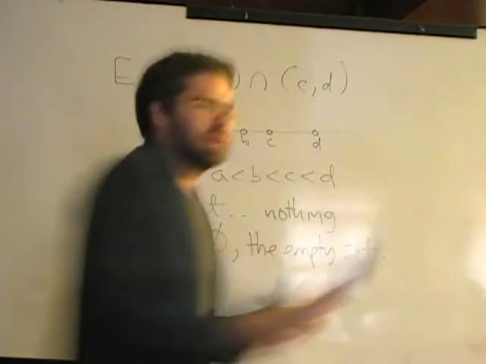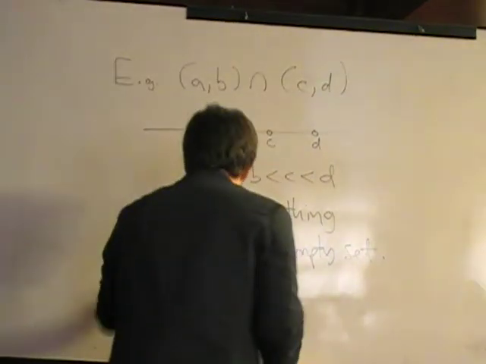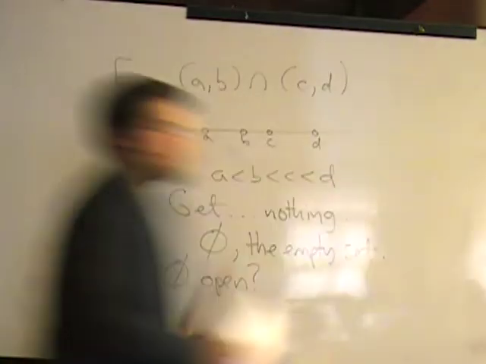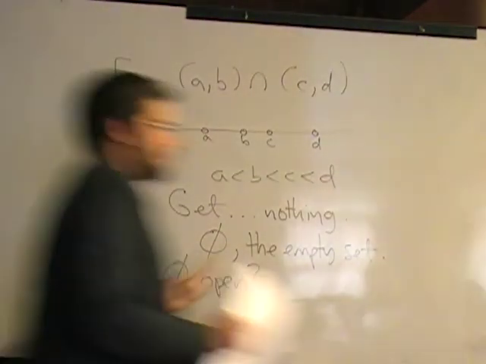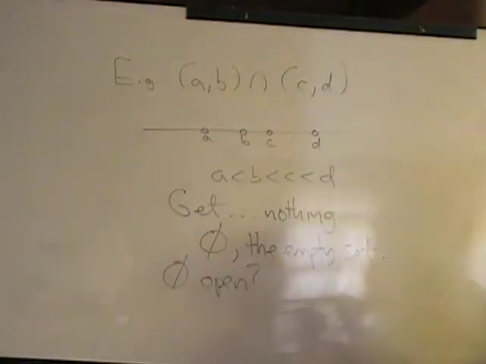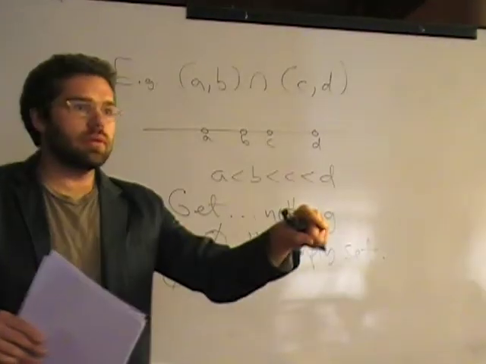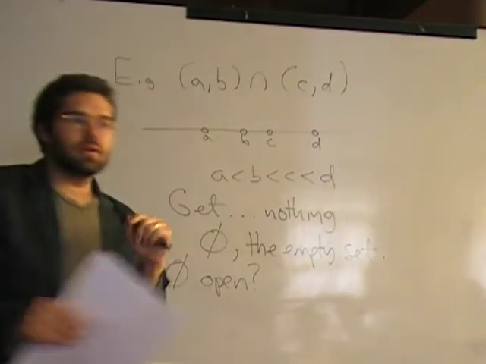So there's a question we could have asked right after our definition of open set: is the empty set open? You have to think very carefully about the logic. Open means that for any point you can find an epsilon, etc. And remember our example of a set that was not open: you could find a point with the following property. But can you find a point in the empty set?